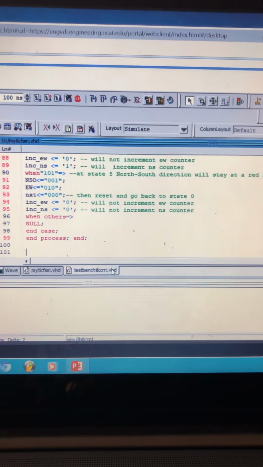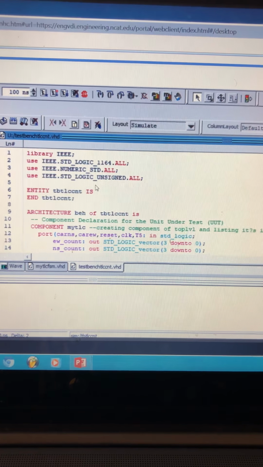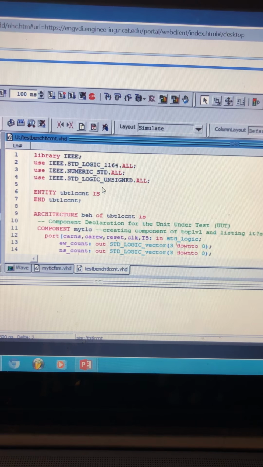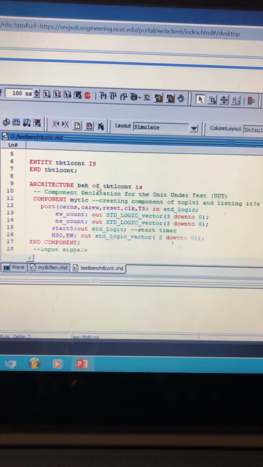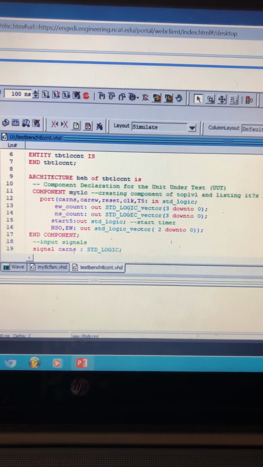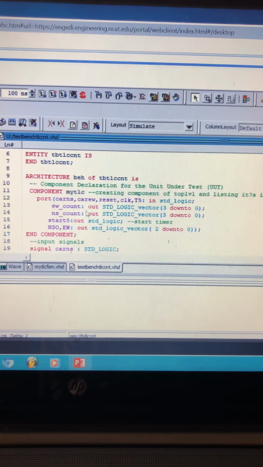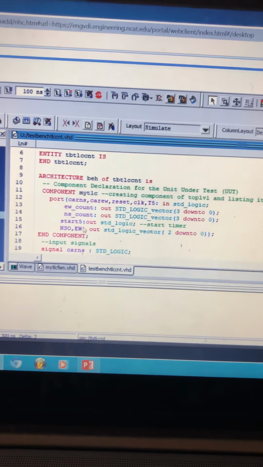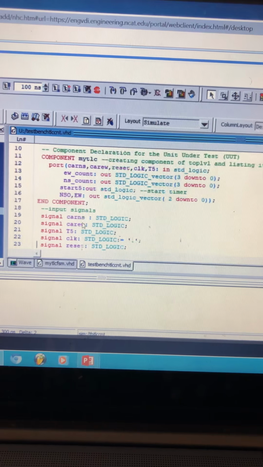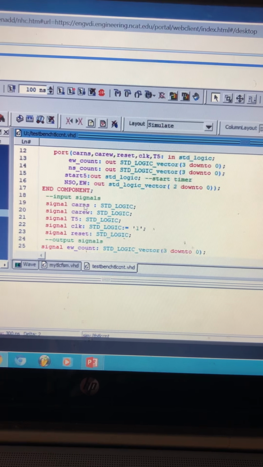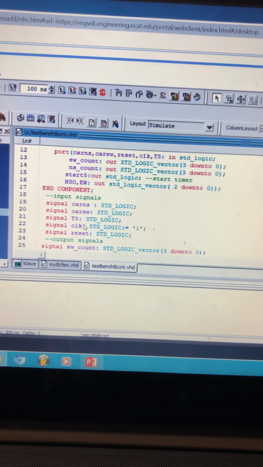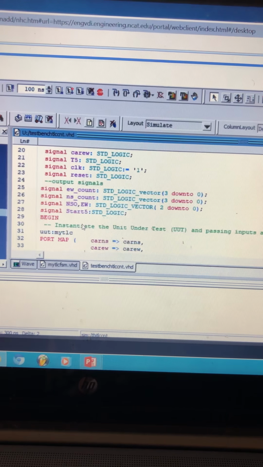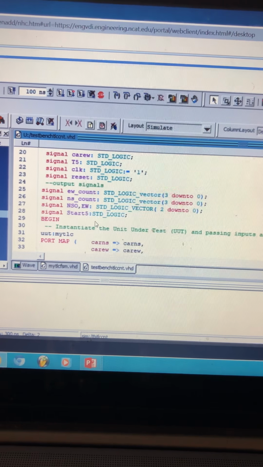So here's my test bench. I have my entity, my architecture where I instantiate the component declaration from my components being tied together, which would be like my top level. Then I have my input signals. I also have my output signals.